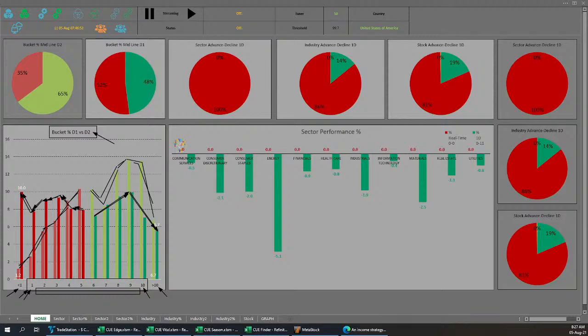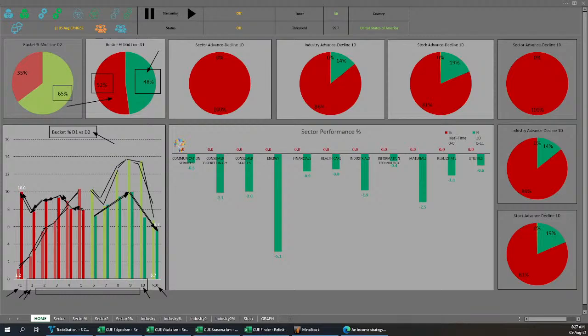Overall, from the areas you can see that it is mixed if you look at the darker colors, and you can read that from the pie chart more easily. 48% of stocks are above mid Bollinger Band, almost even, 48-52. And 1 day earlier, 65% of stocks were above mid Bollinger Band.